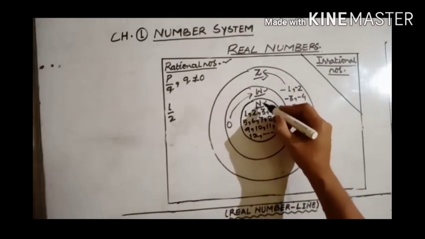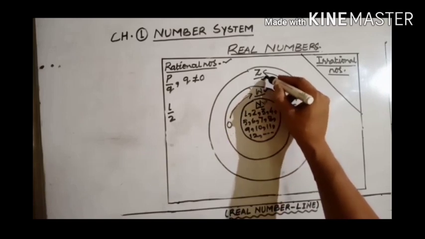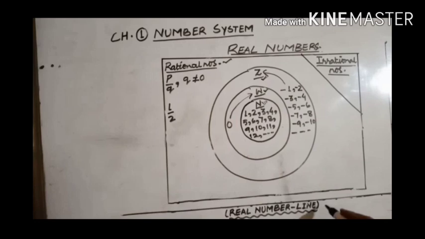In previous classes, you have studied how to locate natural numbers, whole numbers, and integers on a straight line, which is better known as a real number line.